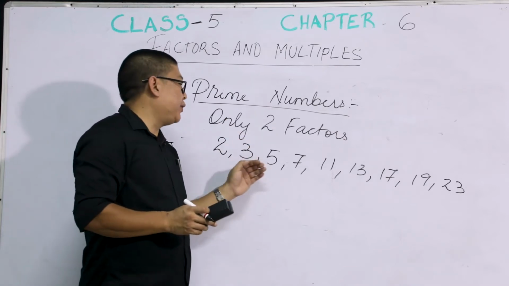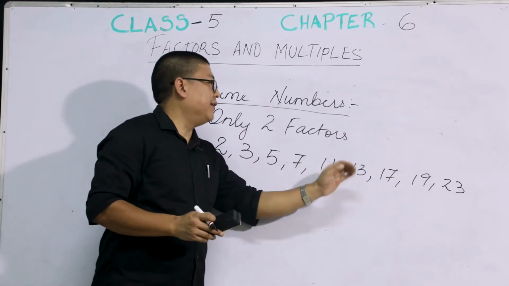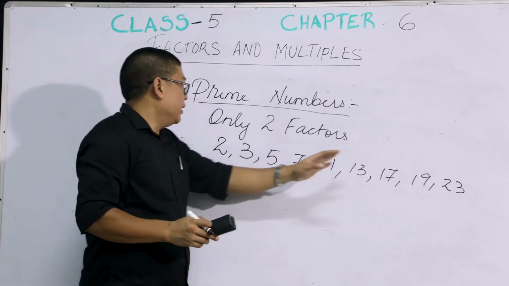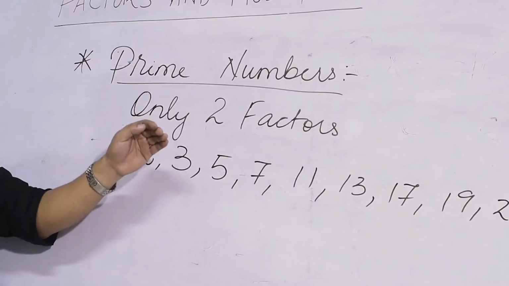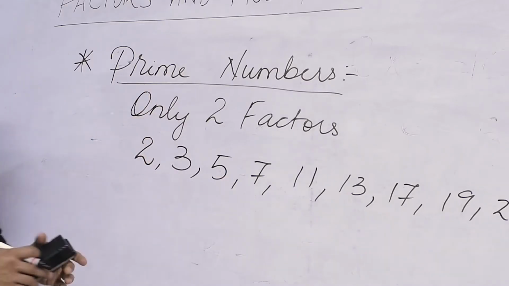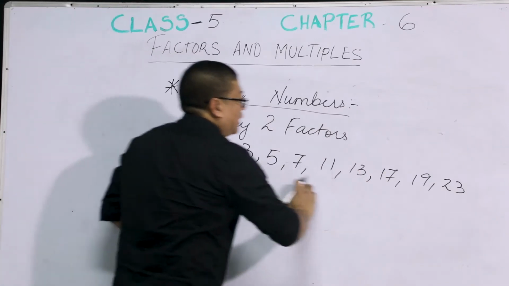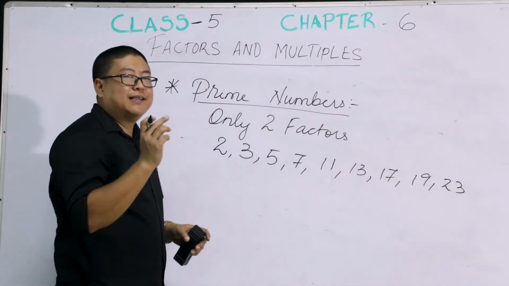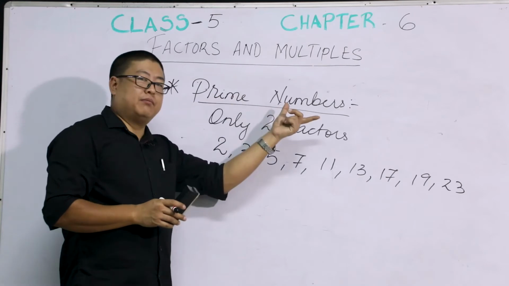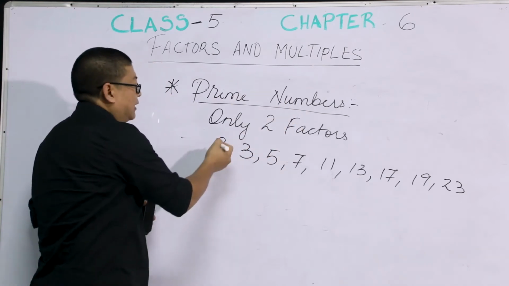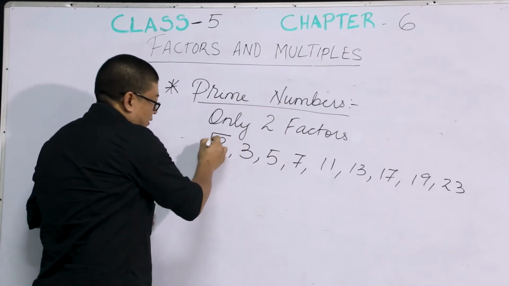This is the only way we can get 2, 3, 5, 7, 11, 13, 17. It goes on like that, okay? So prime numbers are those numbers which have only two factors. So these are the prime numbers, and there's an interesting fact about prime numbers: the interesting part is 2.